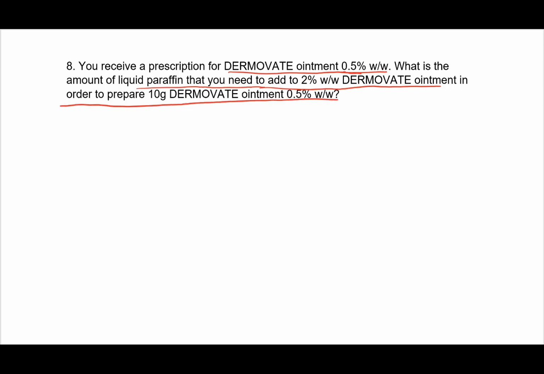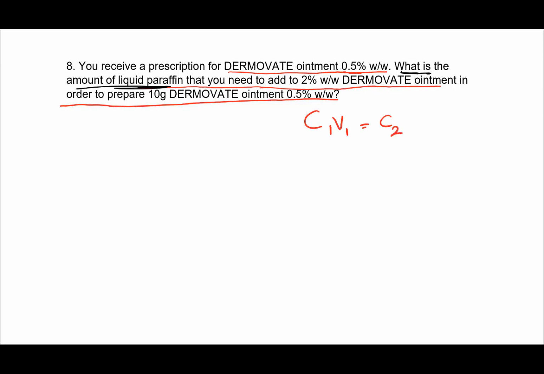If you look at it carefully, it is again a simple C1V1 = C2V2 question, but actually the question is asking about something else: the amount of liquid paraffin, which is the thing I would dilute the active drug with. So let's apply C1V1 = C2V2 first, and then we'll see what else the question is asking.